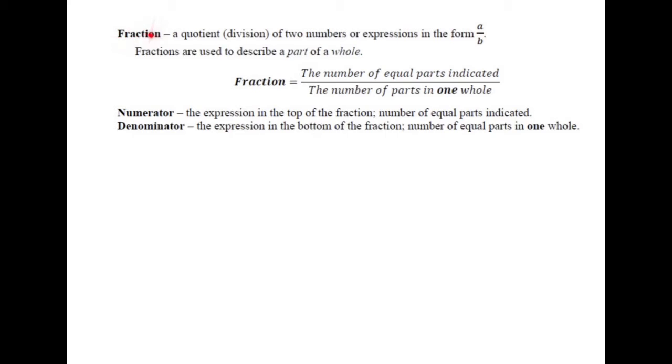Okay, so a fraction is a division problem. This means A divided by B. What a fraction represents is, let's see, I had the fraction 2/3. So the number of equal parts indicated, number of parts in one whole.